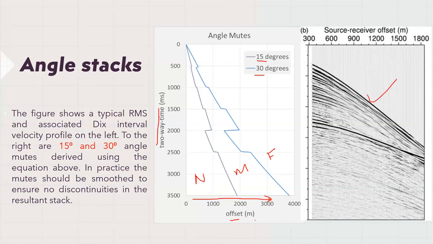Based on that, when we have the offset and the two-way time, we can divide these into different angle stacks. Obviously, it has to go through NMO corrections first, and then we can do the angle stacks for this type of seismic.